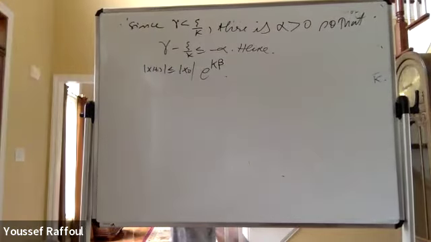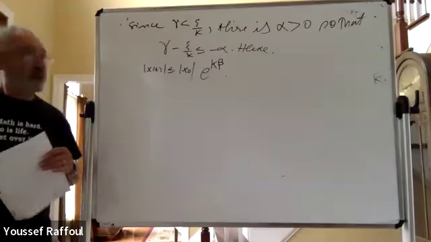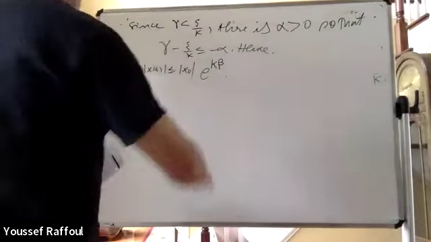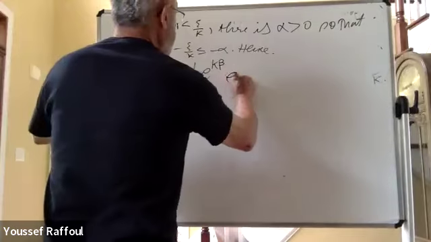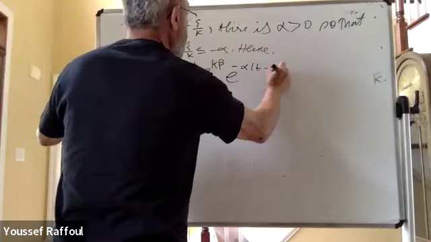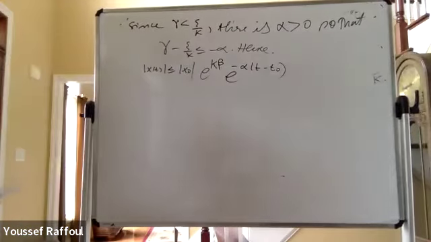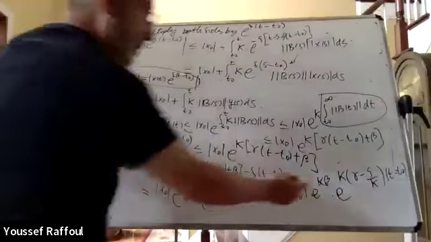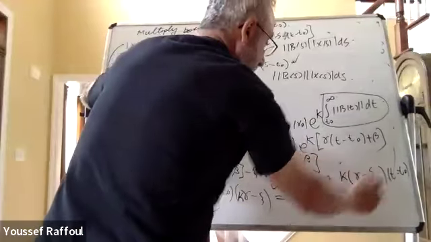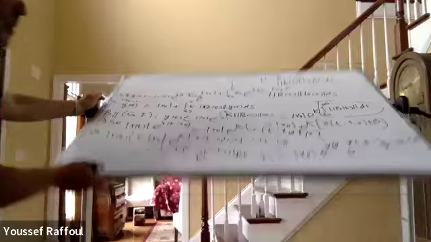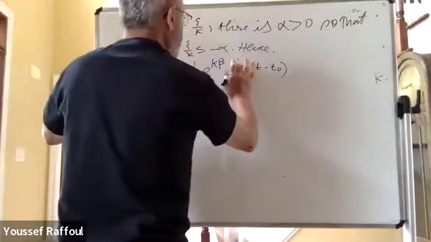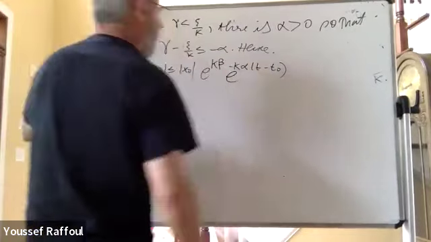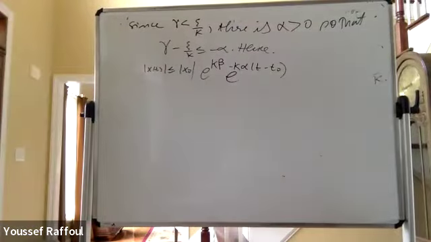Now, remember, we have k gamma minus psi or gamma minus psi over k less or equal to minus alpha, so e to the minus k alpha t minus t naught. There we go. So this is what we should have. Why? Because gamma minus psi over k is less or equal to minus alpha. There. Okay.